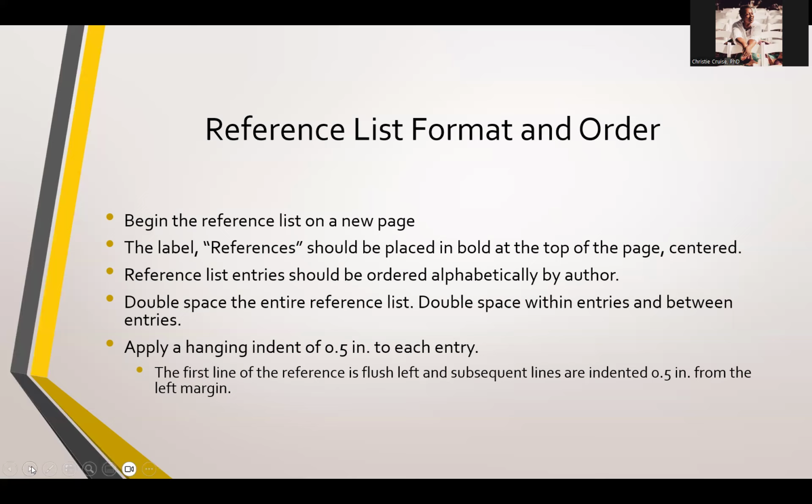I see this a lot where the reference list is not on a new page, or it's not formatted completely. It's not double spaced. The hanging indent is missing. Again, APA requires that this is how your reference list should be formatted and how you should alert the reader that this is the reference list.